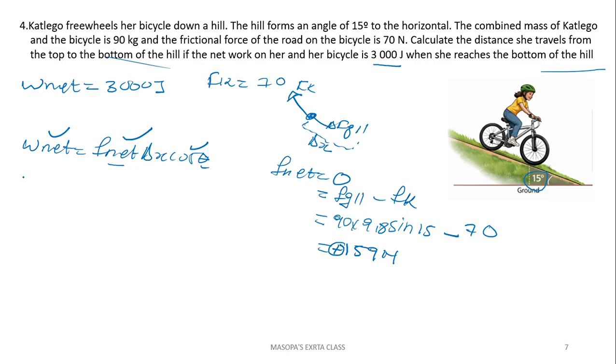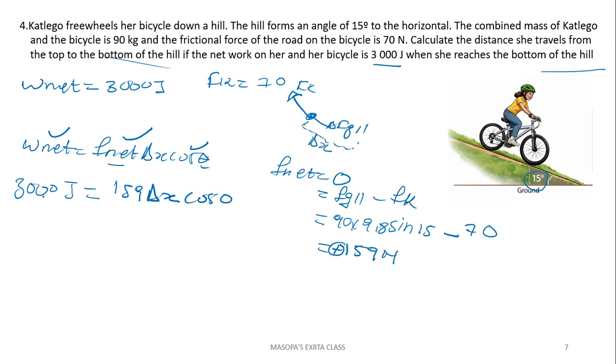So our work net is 3,000 joules equals to the F net, 159, delta x is what we're looking for, and then cos of 0, which is 1, right?